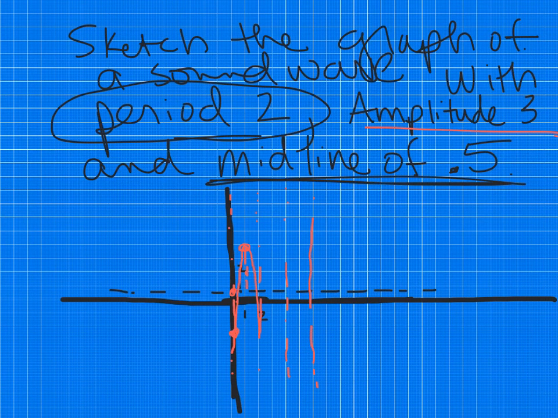And then you want to go down 3 units as well and complete an entire period in those 2 units that you were given. And it's going to repeat again. And again.